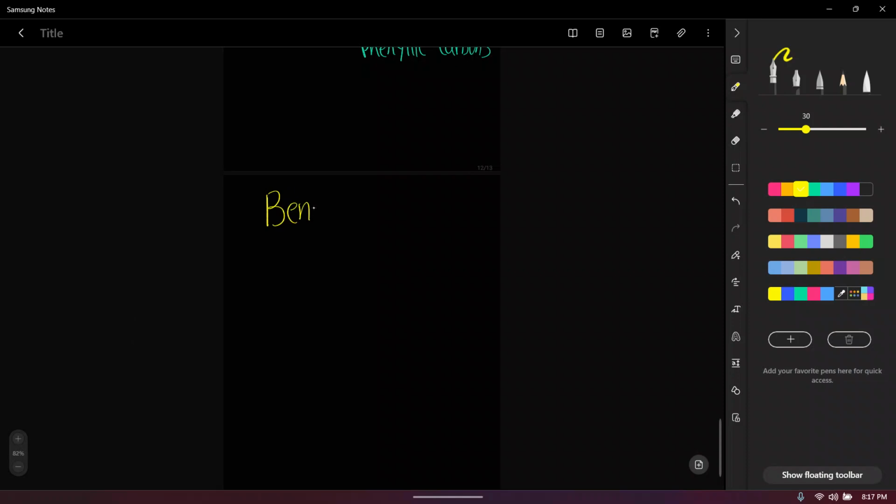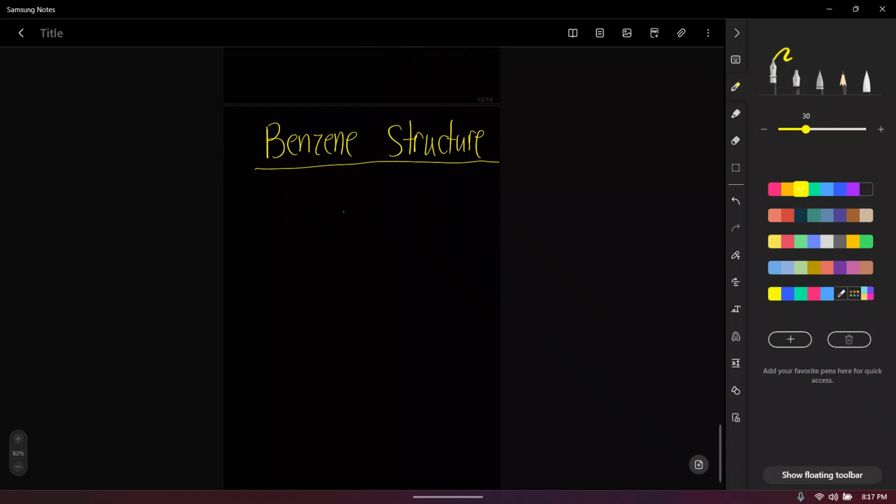Alright, so now we've talked about the nomenclature a bit. Let's talk about the structure of benzene. So benzene looks pretty simple, and it is, okay? When you draw benzene, it looks like this. But one thing that you might notice is that you can draw a sort of never-ending resonance structure with benzene, where that could go there, that could go there, and that could go there. And if you do that, then you would get the bonds moving around.